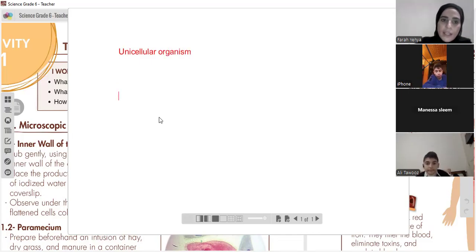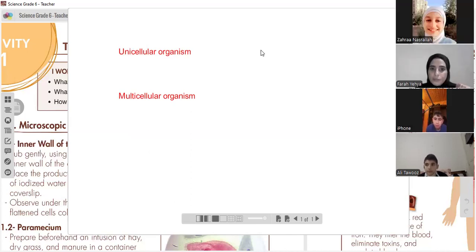And I have something else we call multicellular organism. Okay, I have these 2 definitions. Basically, our lesson is based on these 2 definitions. You have to know these 2 definitions before we start the explanation.